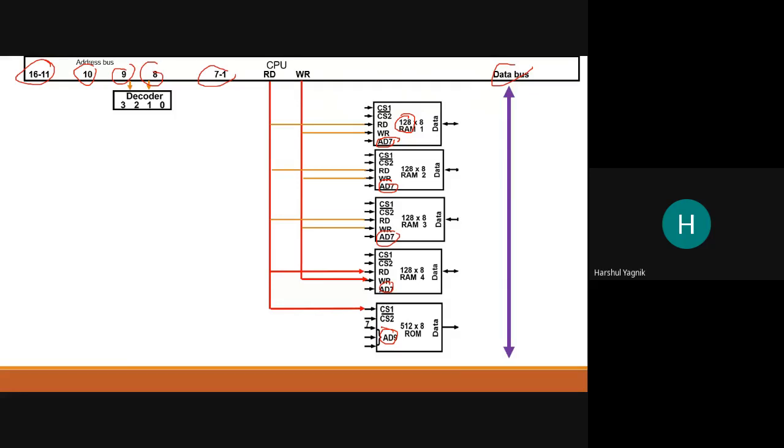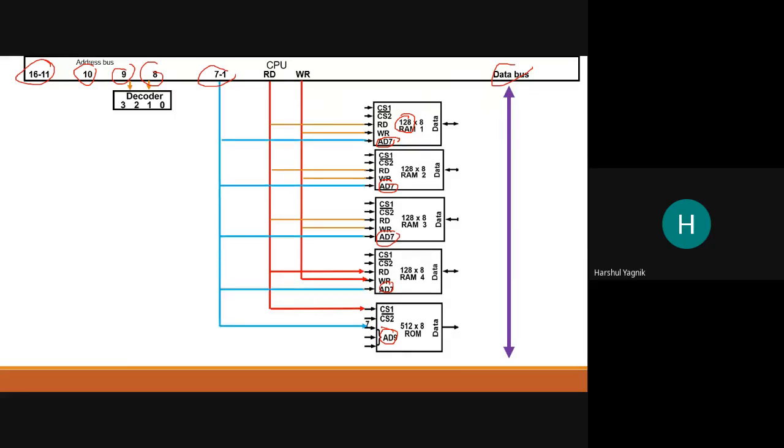So how is it done? Of the address lines from the CPU, first lines 1 to 7 are connected to the address pins of each of the RAMs, and to one address pin of the ROM also.